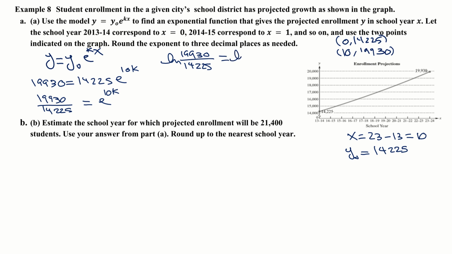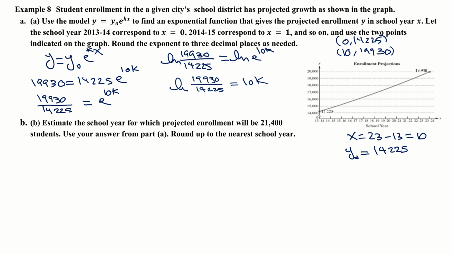So on the right side we get ln of e to the 10k. That of course is just 10k. So we get 10k equals ln of 19,930 divided by 14,225.